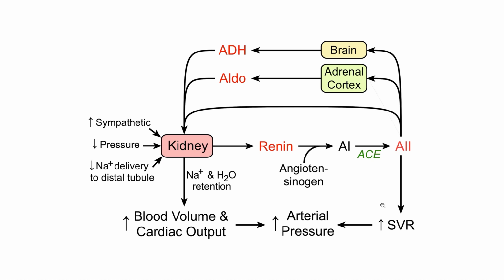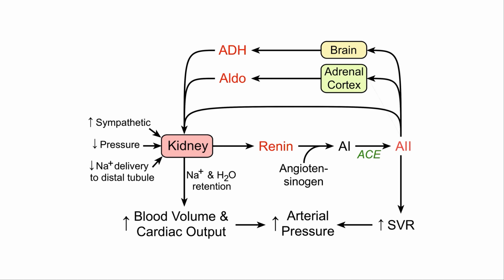So when the kidney gets stimulated by catecholamines, directly by the sympathetic nervous system, or peripherally by circulating catecholamines through the beta-1 receptors, or senses a decreased blood pressure at the baroreceptors in the afferent arteriole, or that there's decreased sodium delivery to the distal tubule, which is a sort of surrogate marker for GFR, because if there's more filtrate, there'll be more sodium.